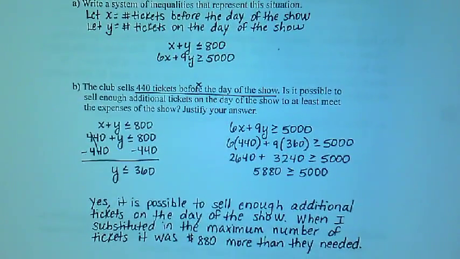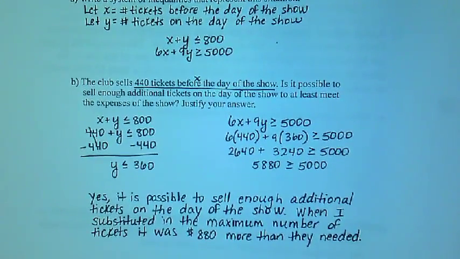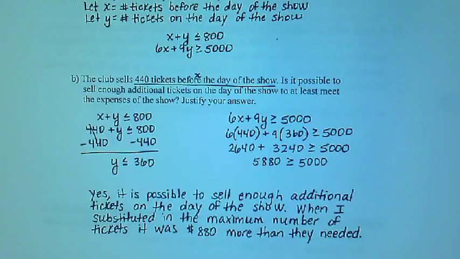Leave all of that actually. Okay, so basically what you're going to do is you're going to substitute in the 440, and this is just like how we solved our equations, right? So when we solved the system of equations, we substituted one in. Okay, so if I substitute the x in, I can get the y. And then I'm going to substitute the x and the y in to see if it works.